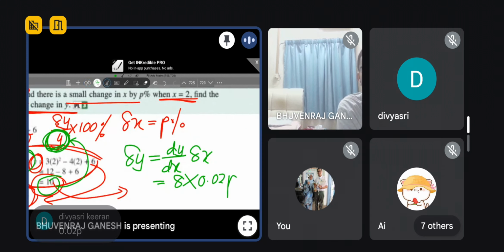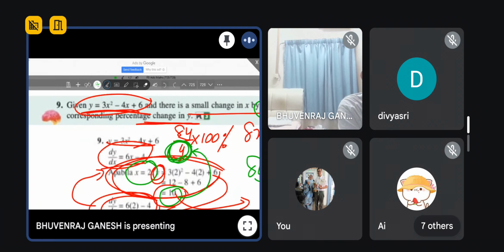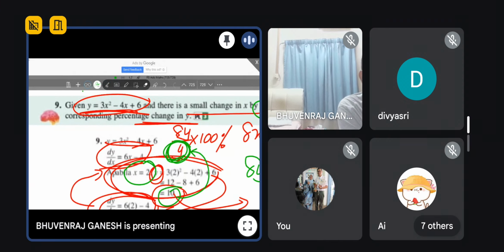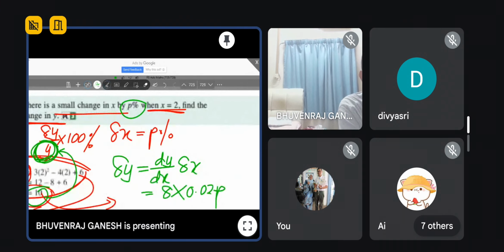Okay, so why is it 0.02p? Basically, p% and x equals 2, so you're going to write it as 2% times p. That's why you will get 0.02p.